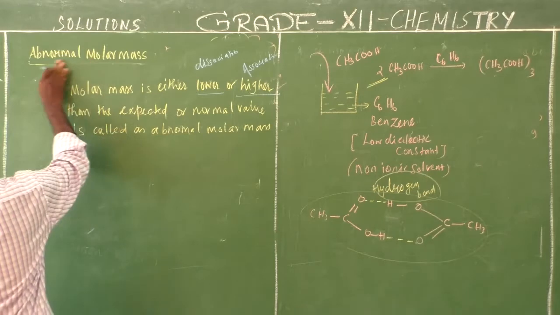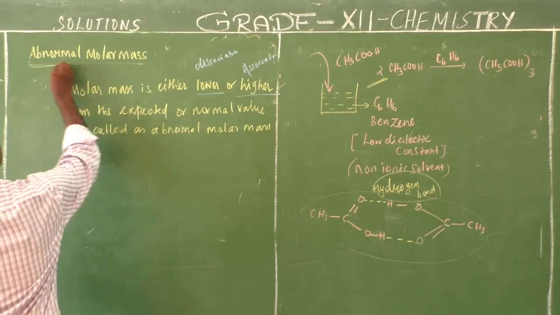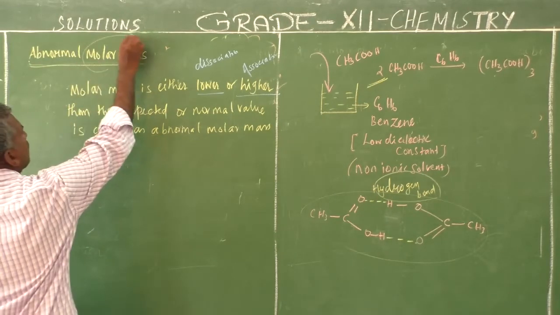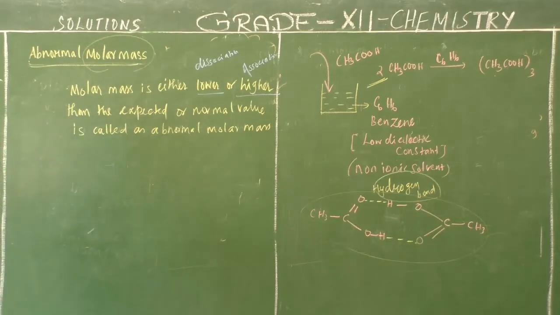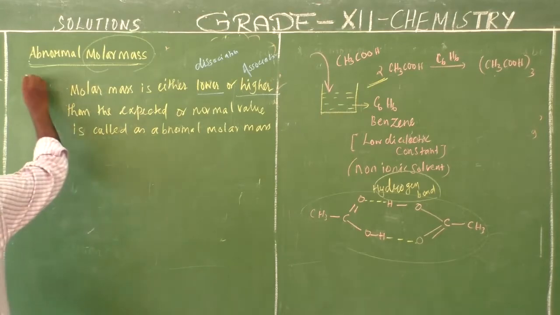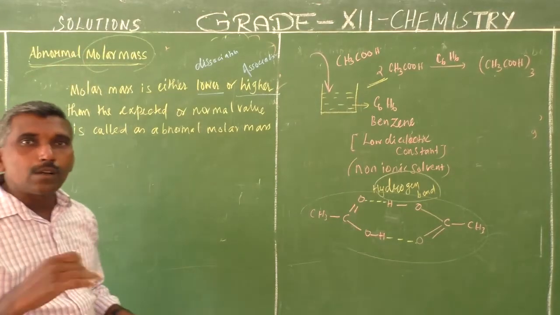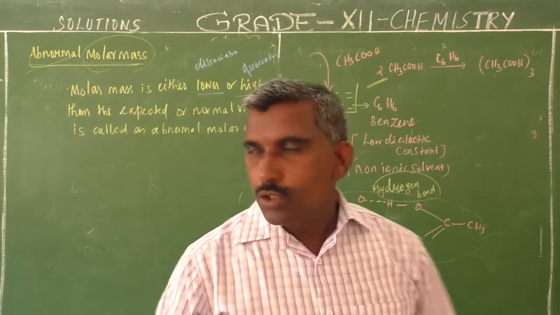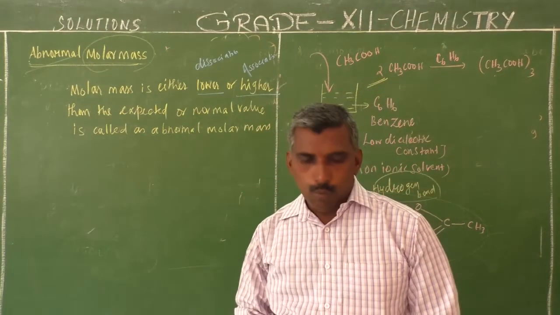This is the abnormal molar mass. This term is used because the expected molar mass may be higher or lower. Normal or abnormal. So this is known as abnormal molar mass.